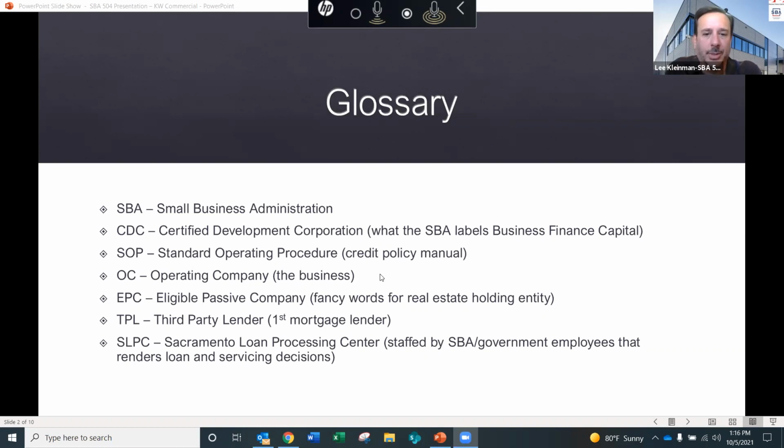These are actual government employees employed by the SBA, that review our loan file submissions for a credit decision, and they also perform servicing decisions, changes to an application or changes to a loan that's already closed and funded. So there's your dictionary within SBA, things that come up very often.